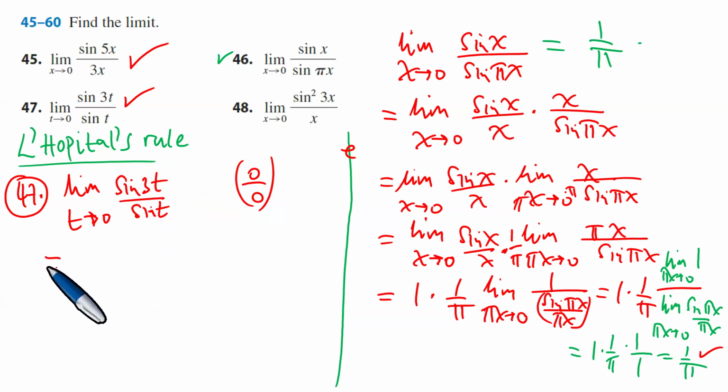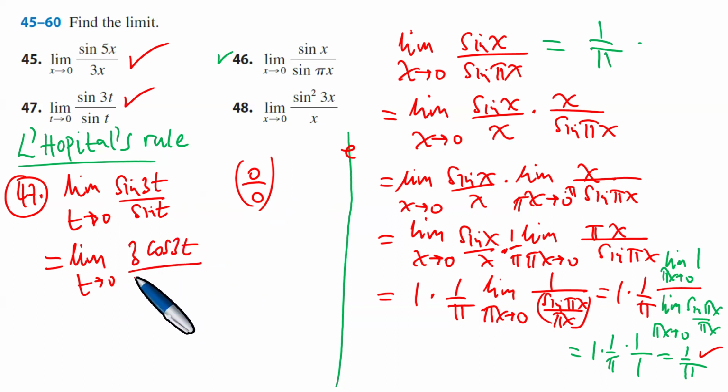Then you differentiate the sine and get the cosine, and find the derivative of 3t, which gives 3 cosine 3t, divided by cosine t.